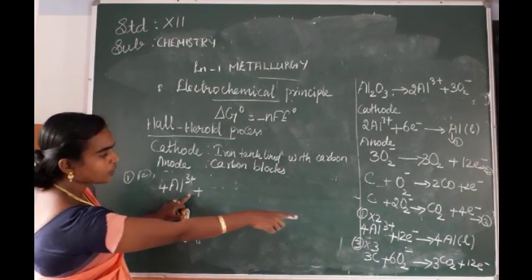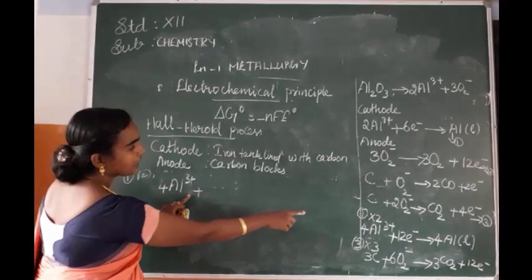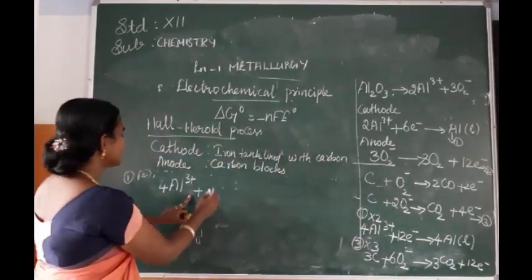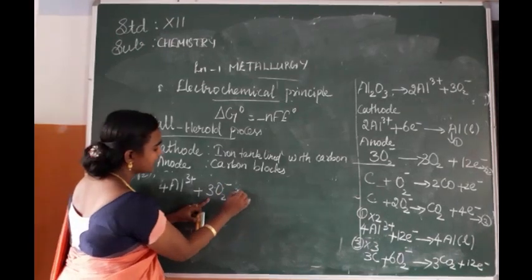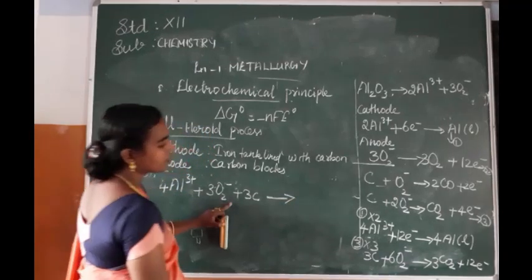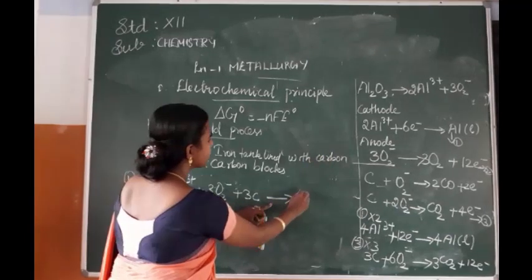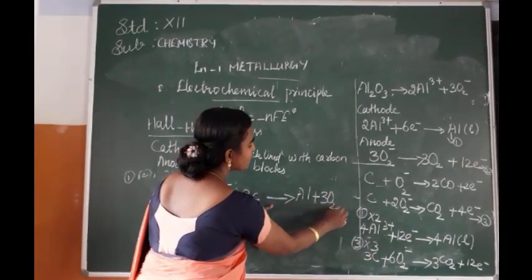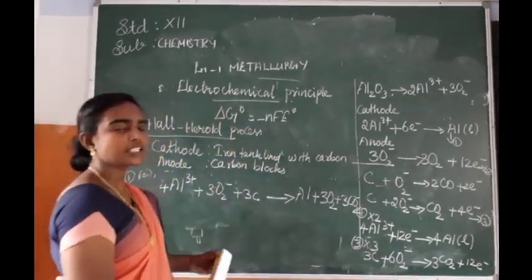So that is equation 1 we have written again: 4Al3+ ... 3O2- plus 3C gives, on the right hand side we can write Al plus 3O2 plus 3CO2. Okay. So listen carefully.